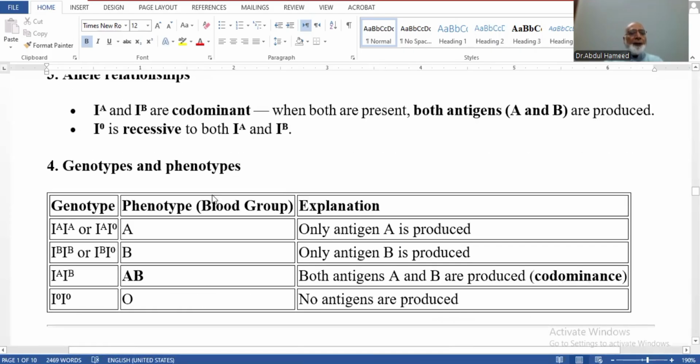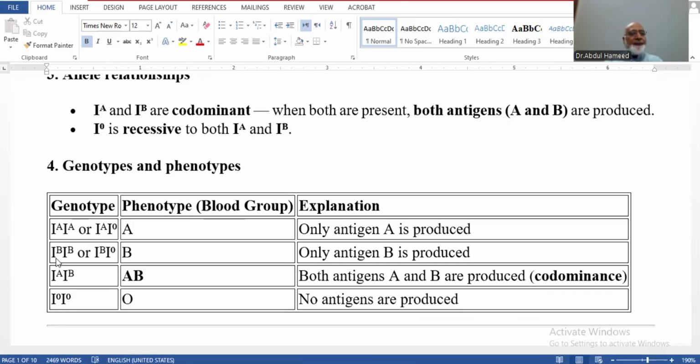So, genotype and phenotype in this case: genotype I A I A or I A I O, the phenotype will be A. Only antigen A is present. The first is the homozygous condition, this is the heterozygous condition.